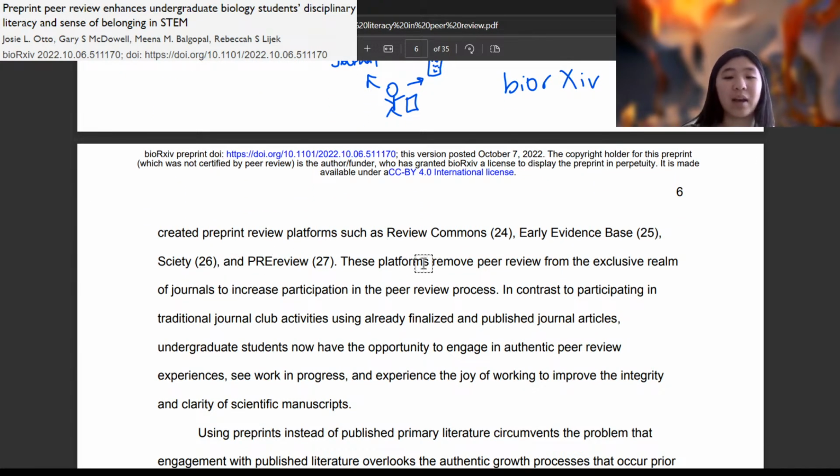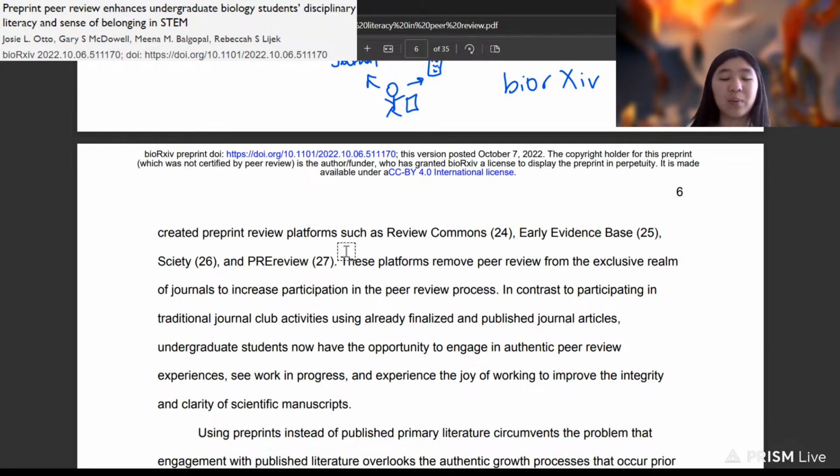So when it says that they remove the peer review process from the exclusive realm of journals, that basically means that journals right now have kind of like a monopoly on peer review. And really, before these platforms came about, journals were the only way to get feedback on your research and improve upon it.